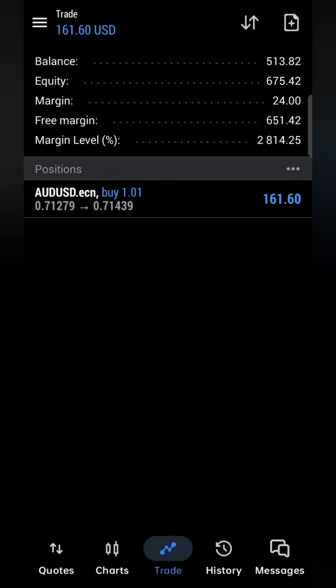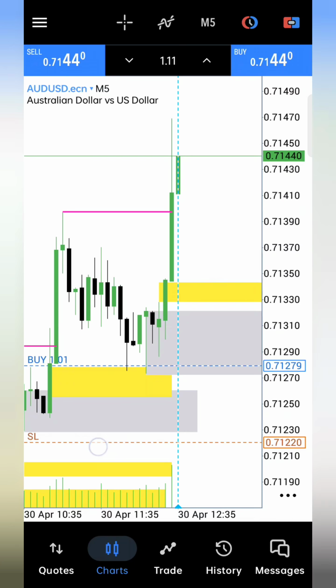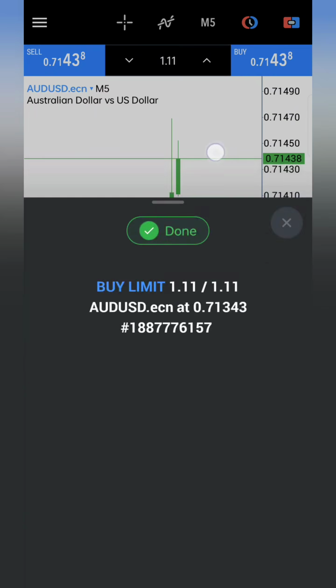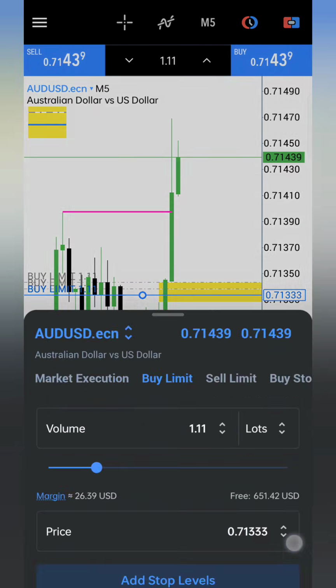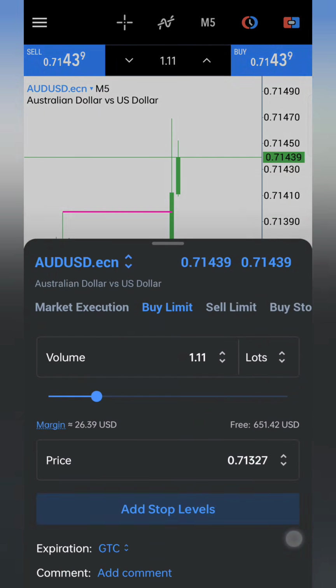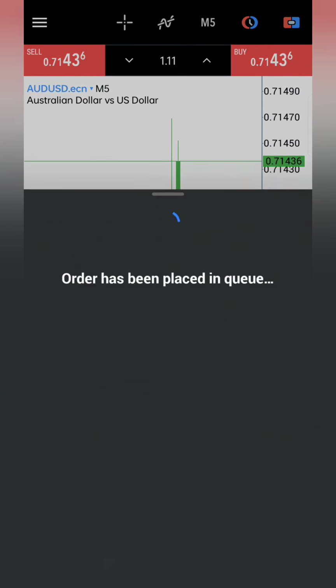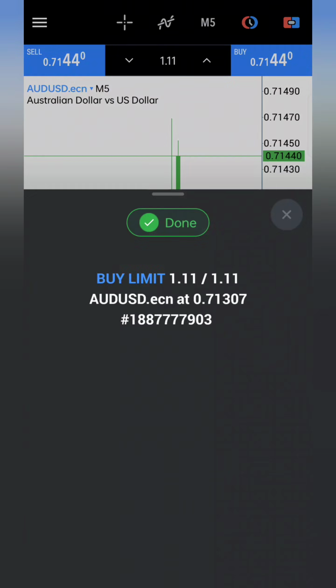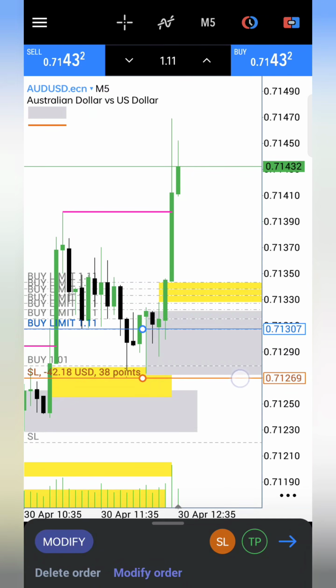Then I'll start placing new pending orders from the most recent extreme imbalance area, aligning them with the newly formed order block. And just like before, I'll place my stop losses below the order block.